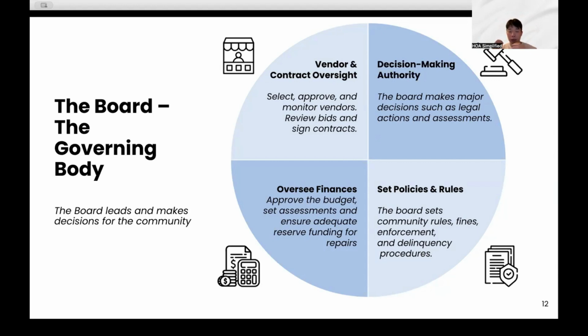And we will be there to communicate and support any of these decisions. And finally, set policies and rules. If you want to set certain rules according to CC&Rs, bylaws, operating rules, fines, enforcement, and other procedures such as delinquency. Again, ultimately, you, the board members, are the key decision makers, and we're just here to support you in every way.